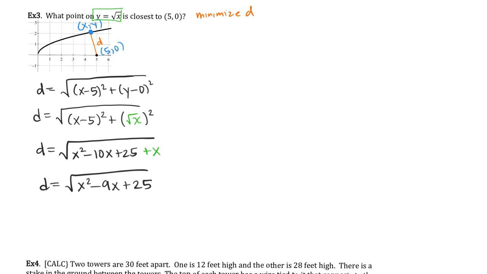That variable is x. Okay, now to find the critical numbers, to minimize d, I need to find d prime. So d prime equals, since this is square root, the exponent is 1/2, so let me bring down the 1/2.